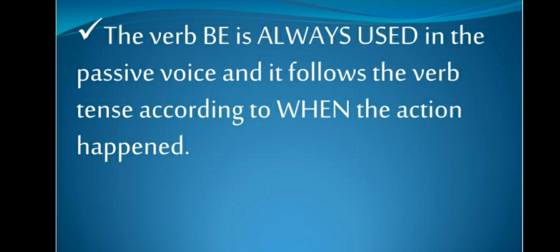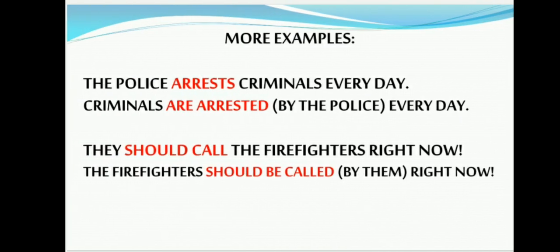So the verb be is always used in the passive voice and it follows the verb tense according to when the action happened. Why I say when? Because it's important to know that this sentence needs to be performed in the same tense as the active voice. Let's follow more examples here.